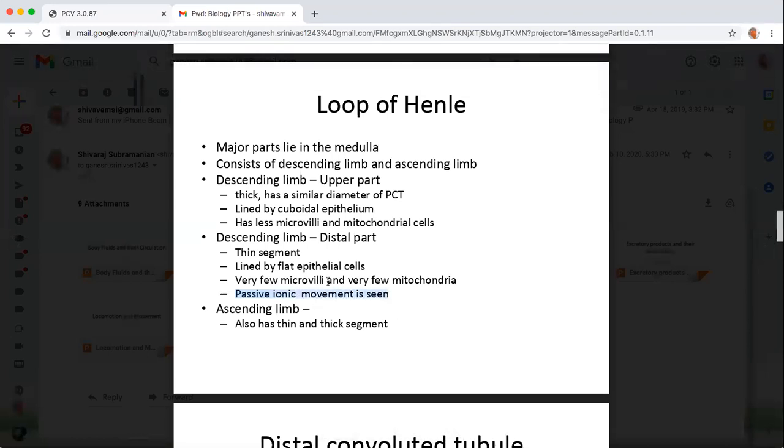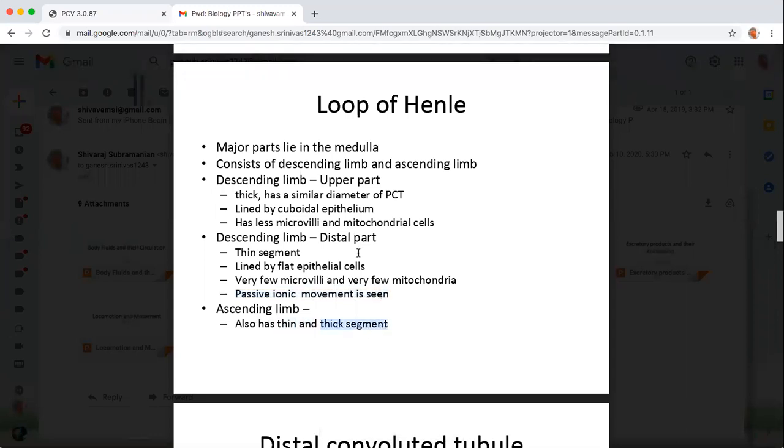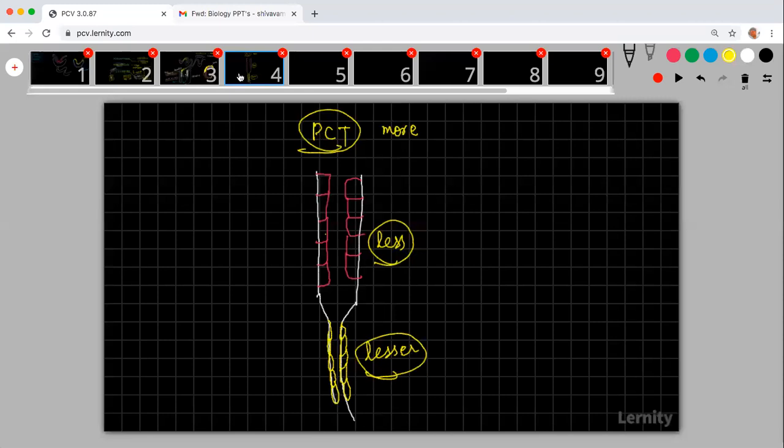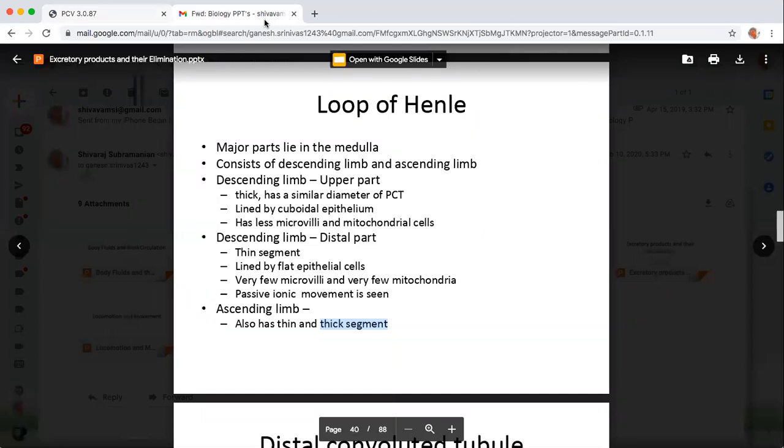It does not require active absorption, and where there is no active absorption, it will not require more mitochondria. Similarly, the ascending limb also will have a thin segment and a thick segment, the same way. Are we able to understand? So quickly copy it down.